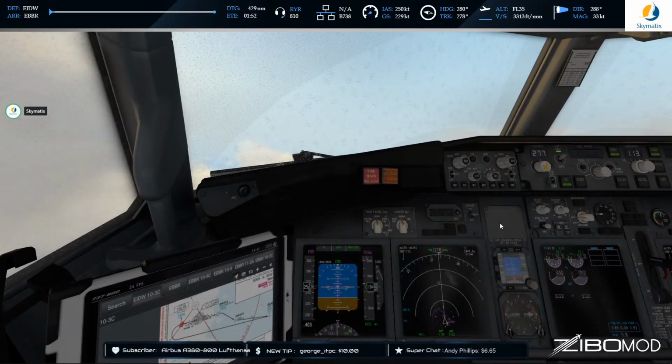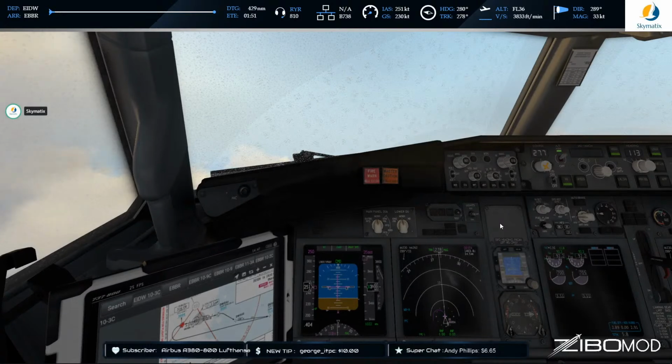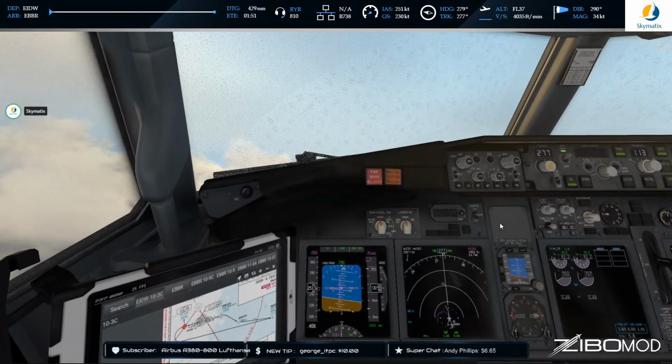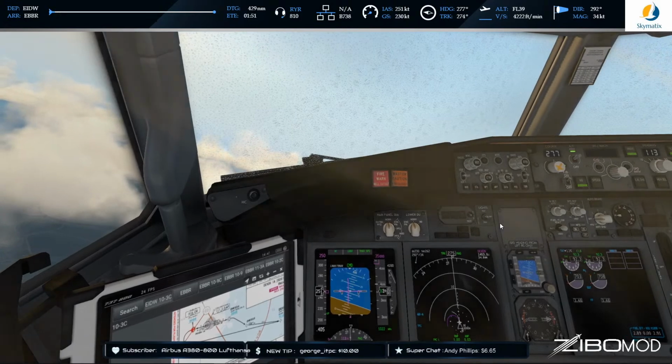Yeah, we've just gone through the 3,000 feet mark, so cutback's cancelled. Now we're getting some more power to climb.